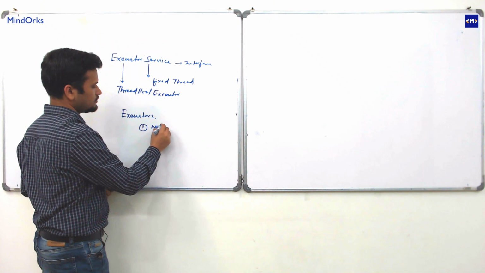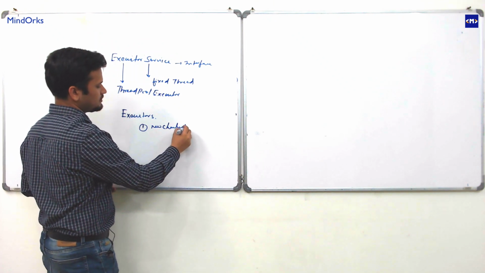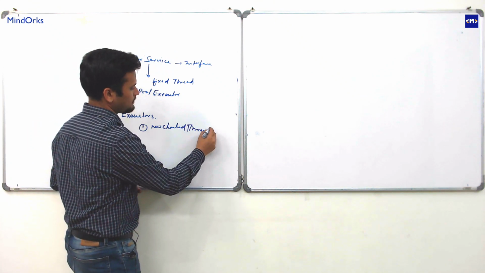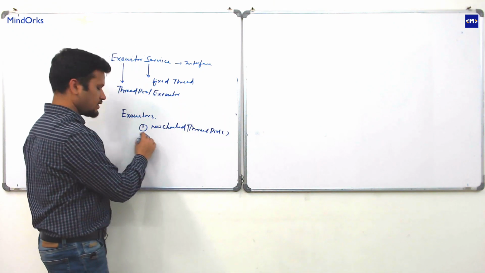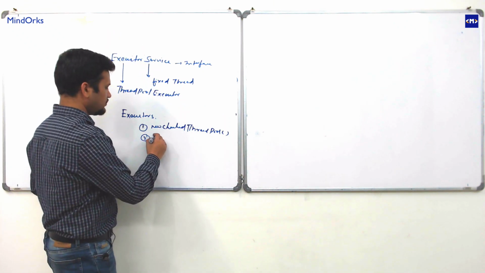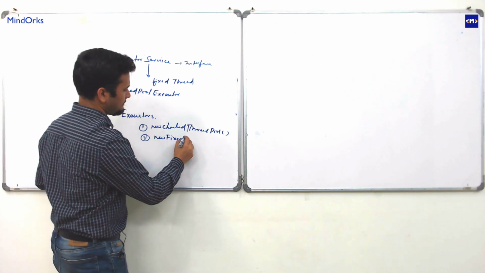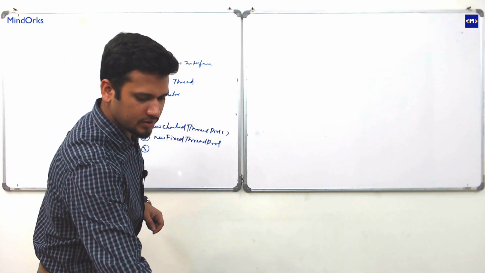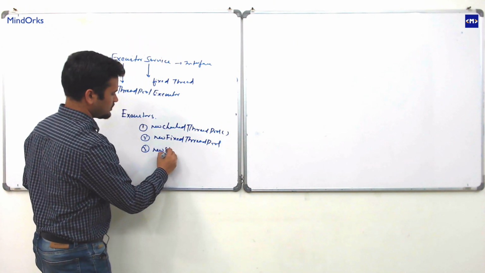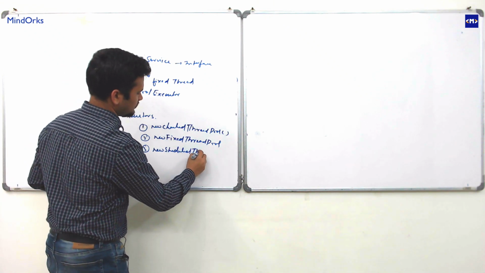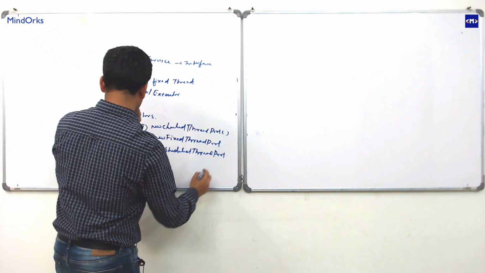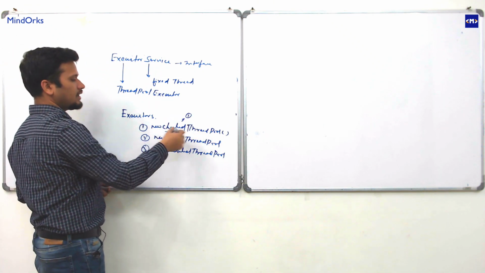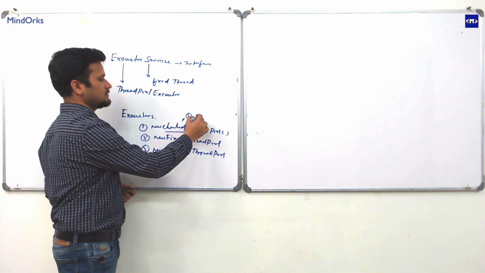There are three of them. First is newCachedThreadPool, second is newFixedThreadPool, and third is newScheduledThreadPool. The difference between them is that the cached thread pool will initially create one thread, and as you need it will keep adding threads later.